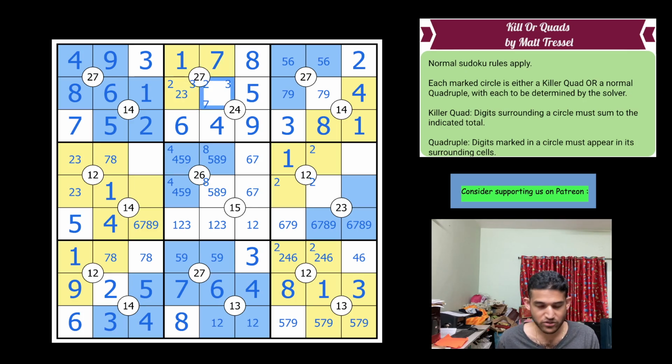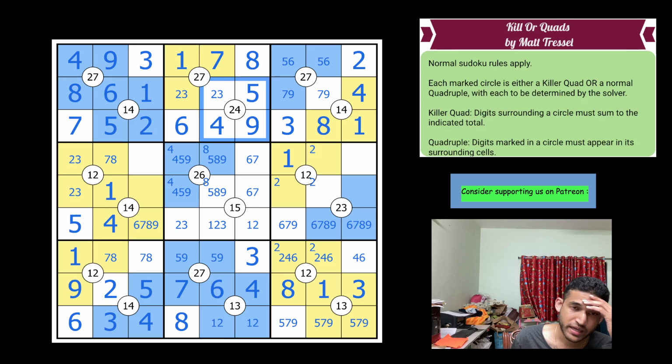So I finally get to eliminate this messy area. The 2, 3. So 1 is not here, 2, 3. Okay, so now I can look at this space. Can this be a killer quad clue? 4 plus 9 is 13, 13 plus 5 is 18, and I need a 6 to make it a killer quad.